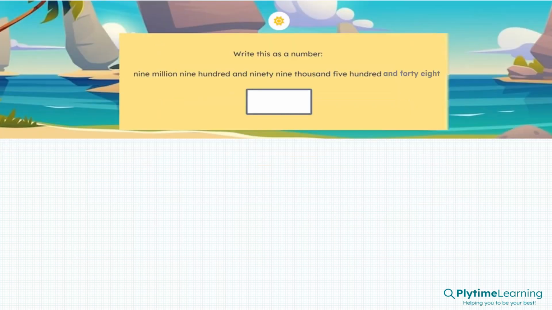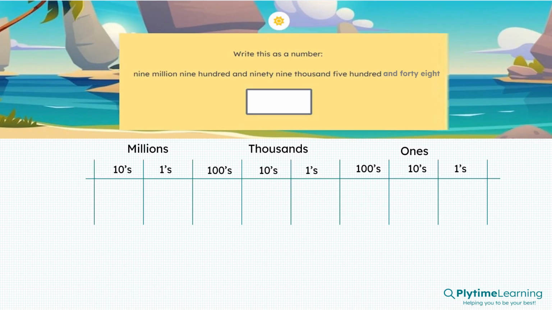Write this as a number: 9,999,548. We write our columns. We start with the millions, 9 million. So it's 9 in the 1 millions column. Then we look at the thousands, 999. So we have 9 in the 100,000s, 9 or 90 in the 10,000s, and 9 in the 1,000s.